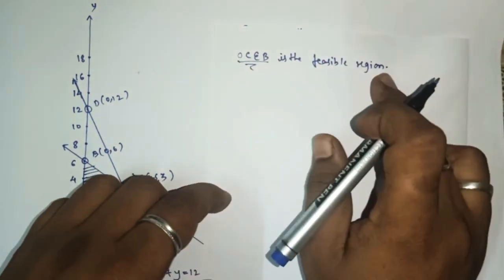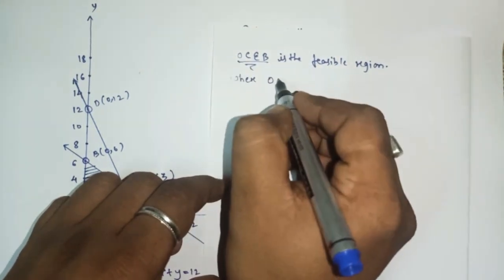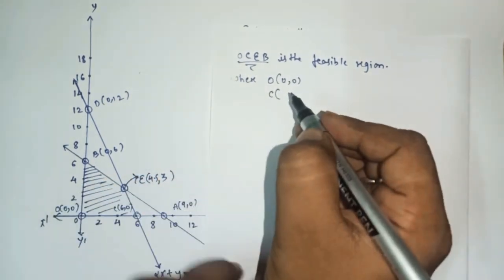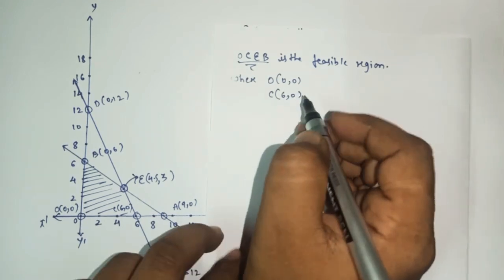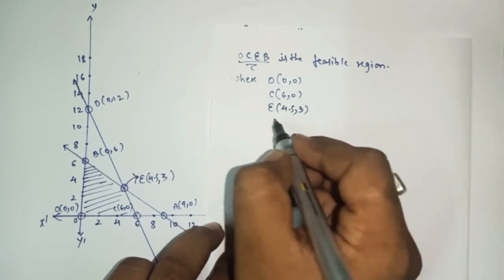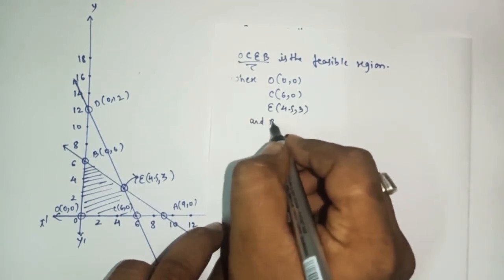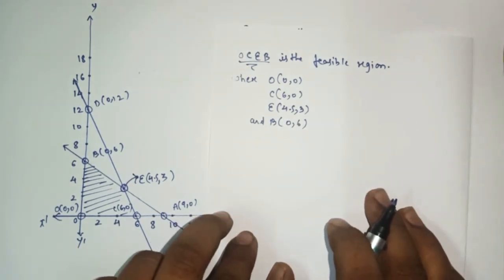First you will write the feasible region, where you will say that O is 0 comma 0, C is 6 comma 0, E is 4.5 comma 3, and B is 0 comma 6. Yes or no?